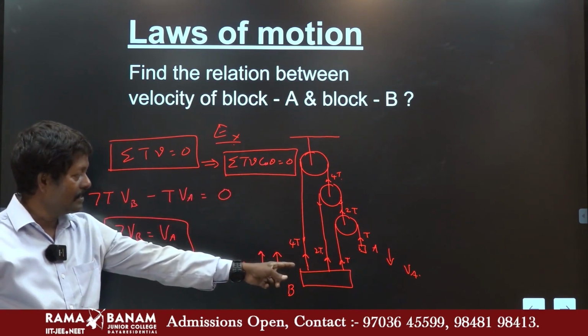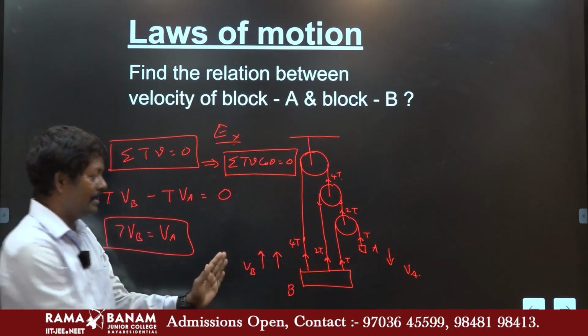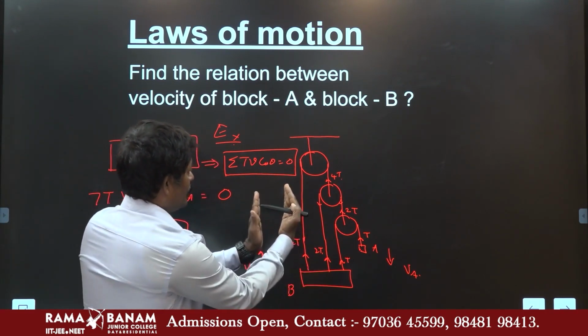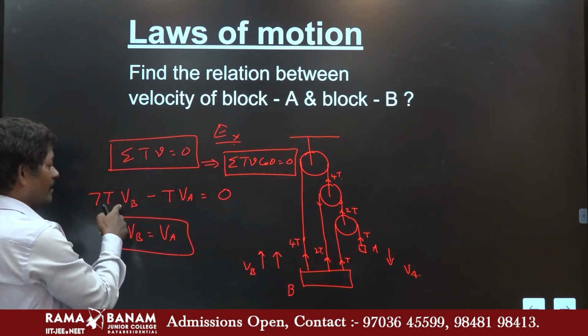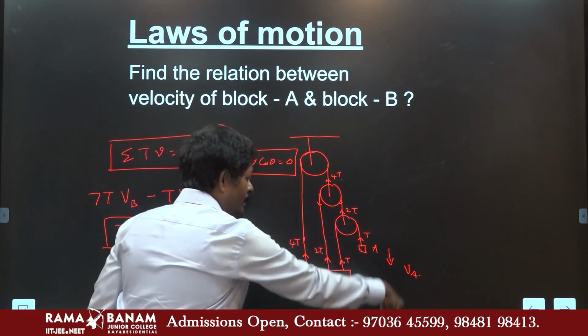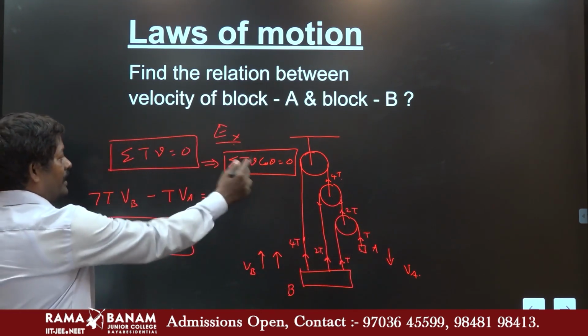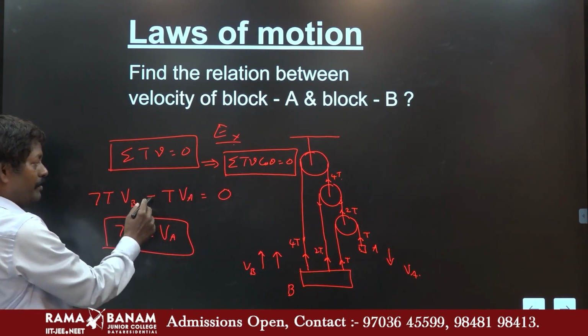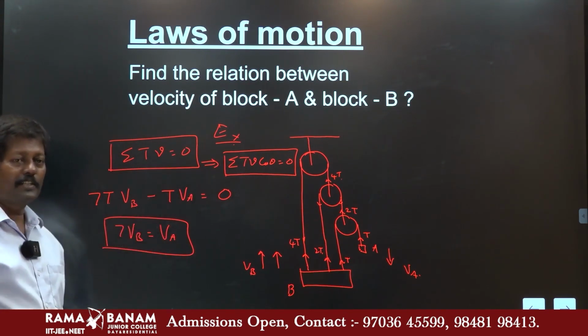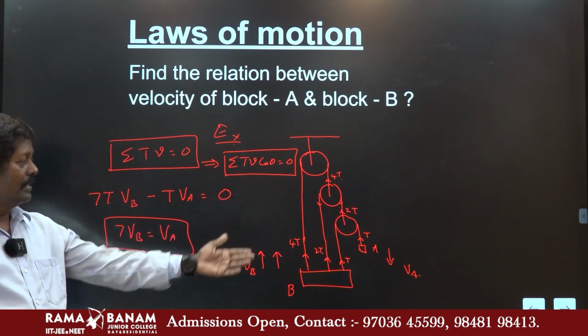In the first case, 7T and VB are in the same direction, so cos 0 is 1. Whereas here VA is downward and tension is upward, the angle is 180, so cos 180 will be minus 1. So you got a minus sign here. This is the relation between the velocity of block A and block B.